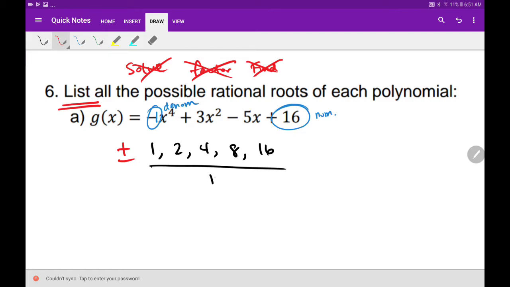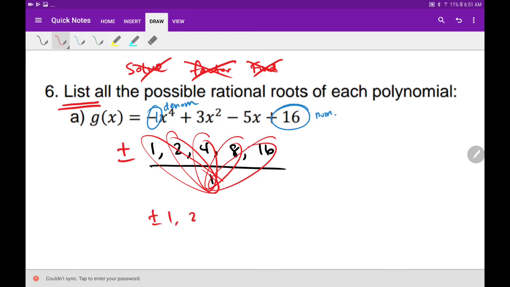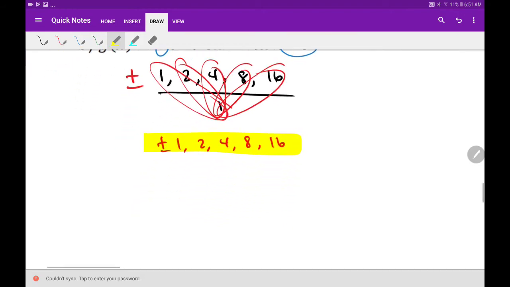So this one's pretty easy since we don't have like several numbers at the bottom. It's just the 1. This is going to be really quick. So doing every combination, our answers are plus or minus 1 over 1, 2 over 1, 4, 8, and 16. Next.